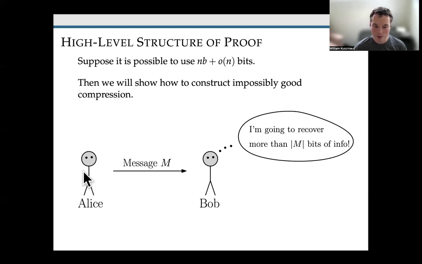So what this means is we'll construct a one-way communication protocol. Alice is going to send Bob some message M. And from that message, Bob is going to recover more than the size of M bits of information. So that's how we're going to get to our contradiction.